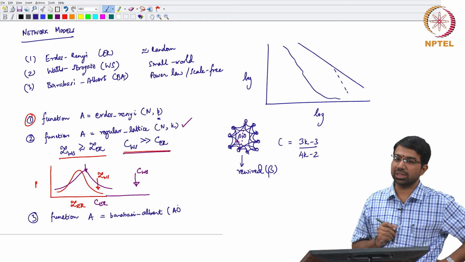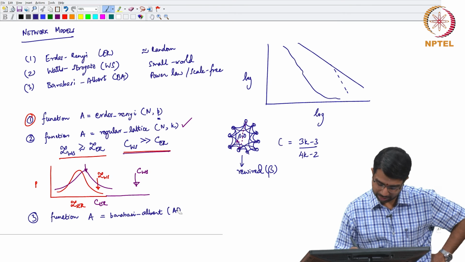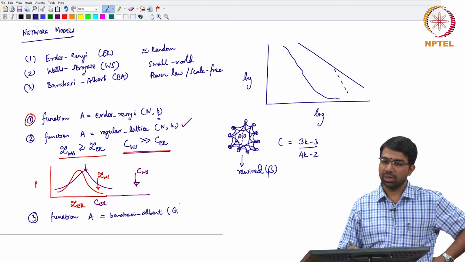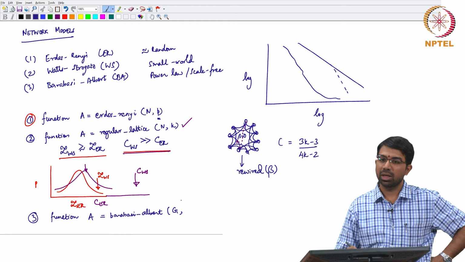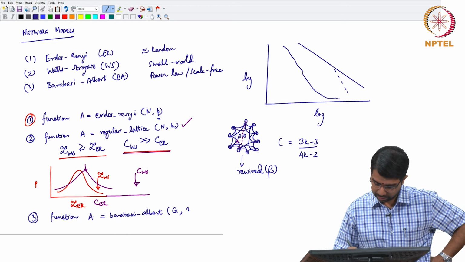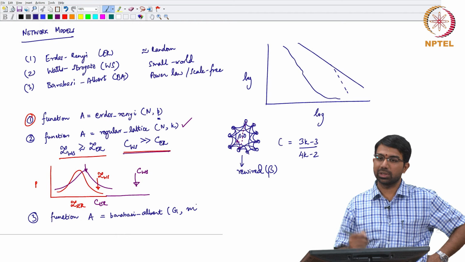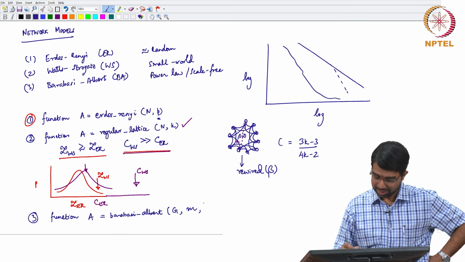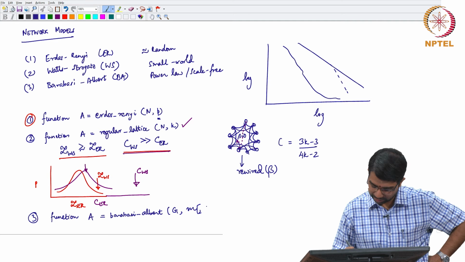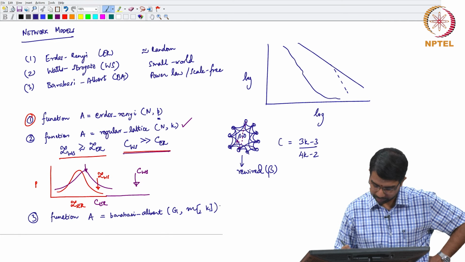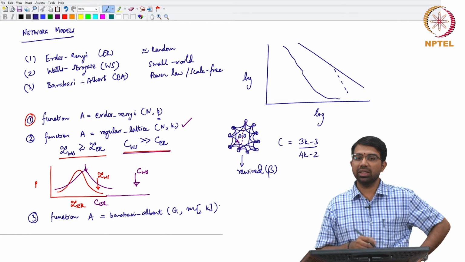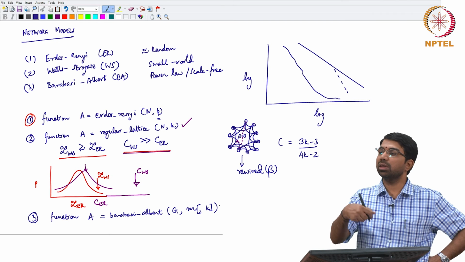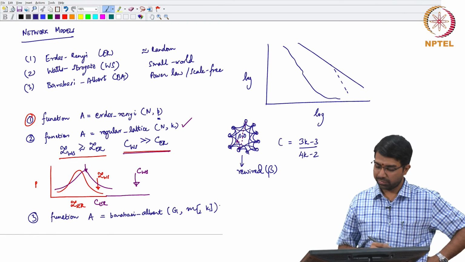So, I would start with an A0, or let us call it G, an initial graph G. Then the number of incoming nodes, and also, very good, the number of edges, which can be optional, that you add in every round, every iteration. Every incoming node, how many edges does it make with the existing graph?